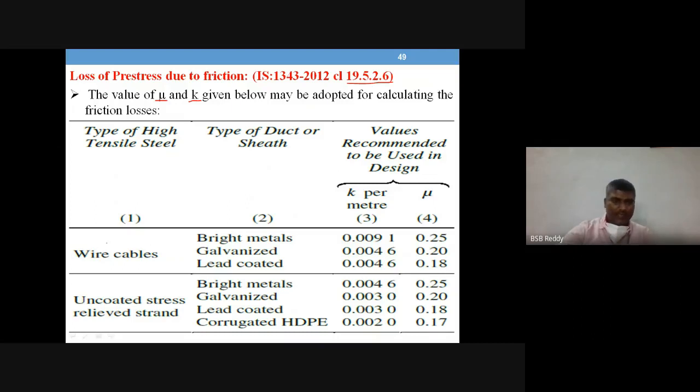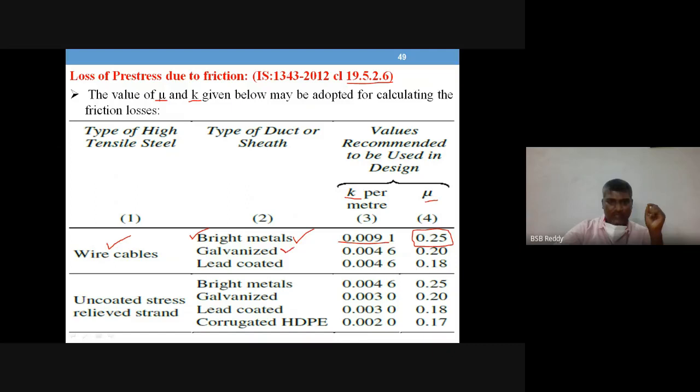19.5.2.6. For different cable types and for different duct materials, the values of k and mu are given. So for bright metals, if the duct material is a sheet of bright metals, your frictional coefficient is high and frictional loss is high, and even the wave effect is high.